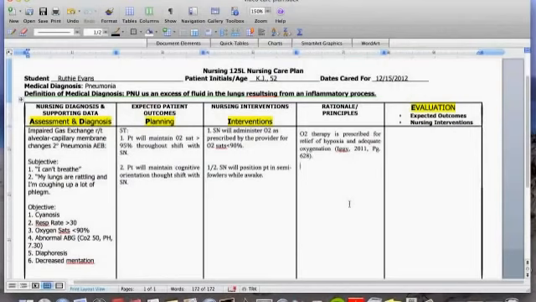So I looked up in my Ackley and Ladwig book, and I got a good rationale here. It says sitting upright results in an increased tidal volume and proper ventilation, and that's all it said. So I'm going to put Ackley and Ladwig, 2011 edition, page 403. Cool.